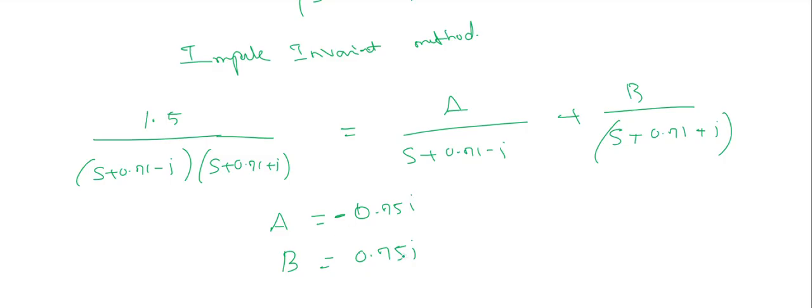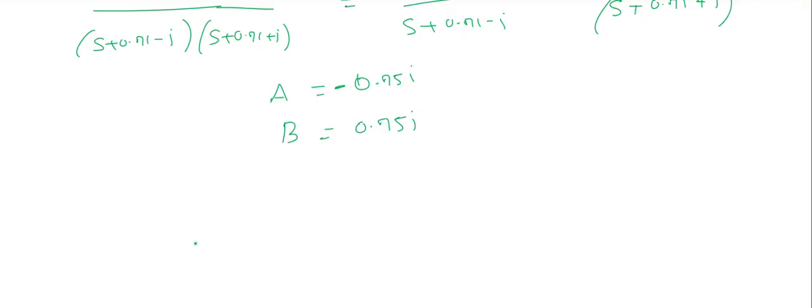From this you can write another simplified form. So you can apply the impulse invariant method directly and determine the H of z. Convert H of s into H of z, the analog transfer function.